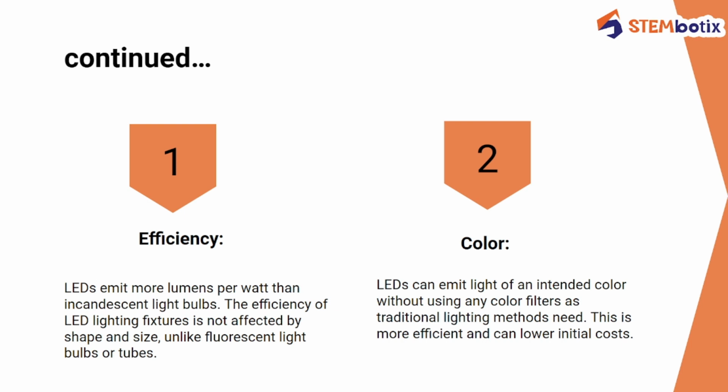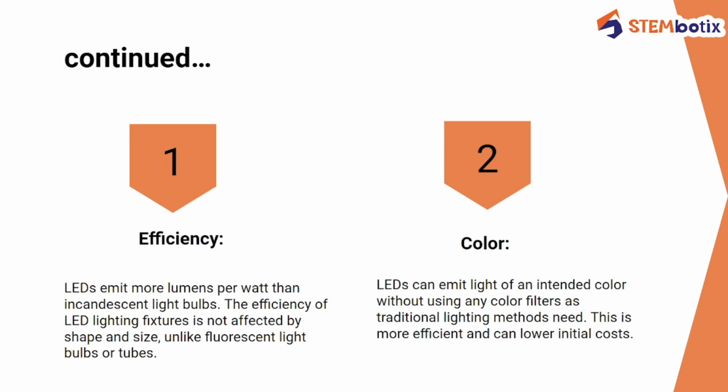Now we will see how efficiency is advantageous. LEDs emit more luminance per watt than the incandescent light bulb. So, compared to the traditional light bulbs, these LEDs emit more lumens per watt, and hence have improved efficiency.